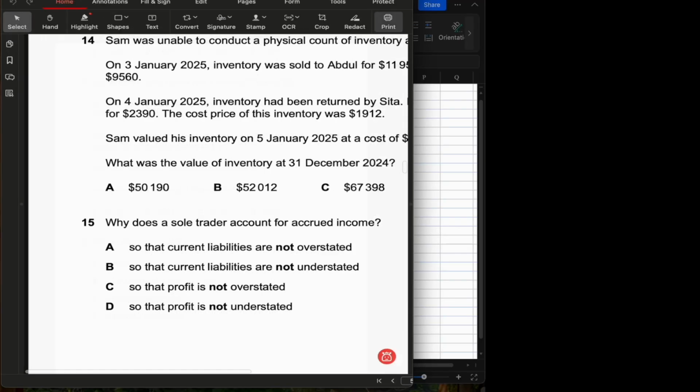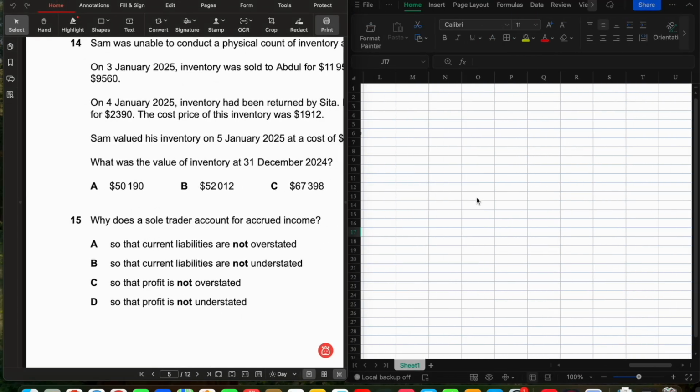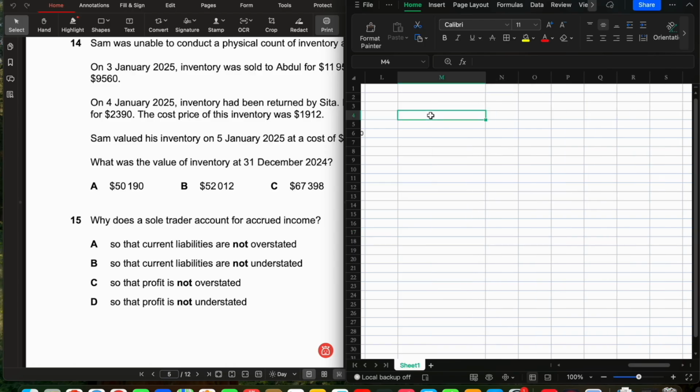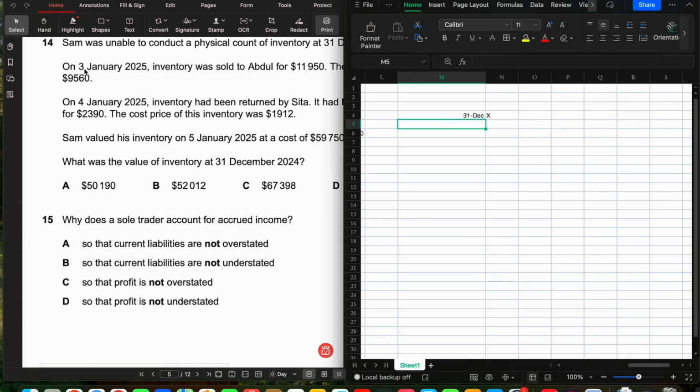So if we take this into consideration, then we can calculate what will be the value of the inventory on 31st December. The value of the inventory we don't know, that is amount X. And then on 3rd January we sold, and this value is 9,560.